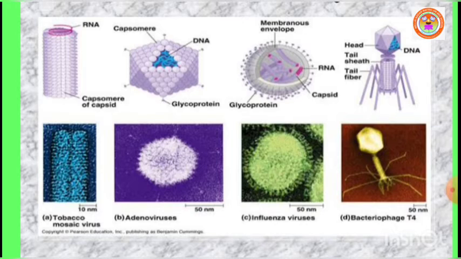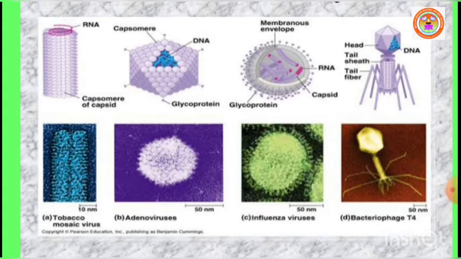These are ultramicroscopic photographs taken using an electron microscope. On the top you can see the diagrams of the same. Some viruses contain RNA as genetic material, some contain DNA. Their structure and shape are different.